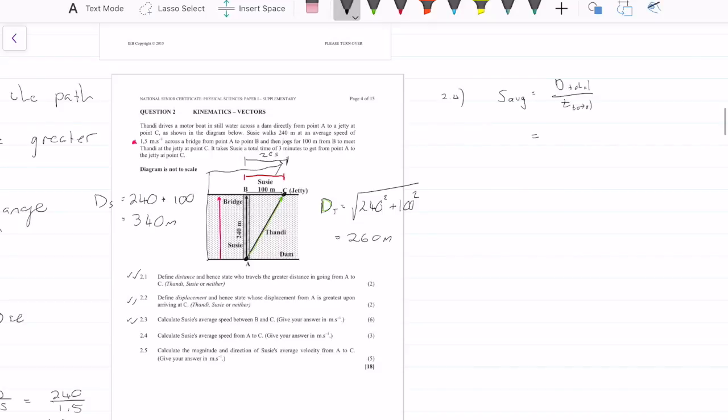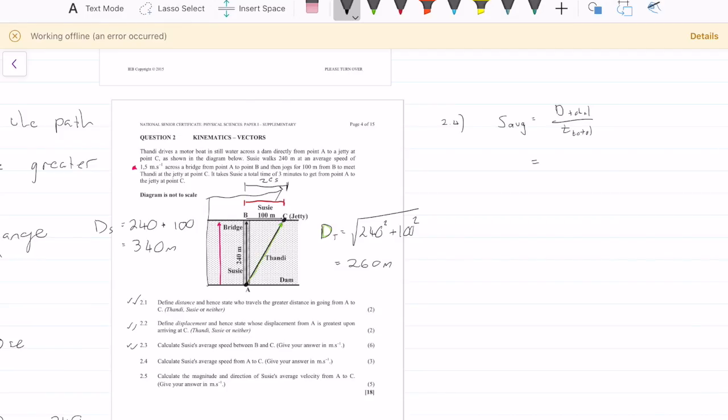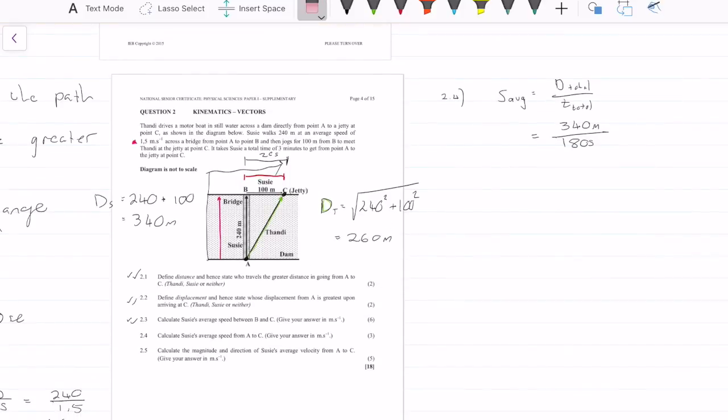And the total distance that Susie travels is 340 meters. And the total time that she takes is 180 seconds. Which means that her average speed is equal to 1.89 meters per second.